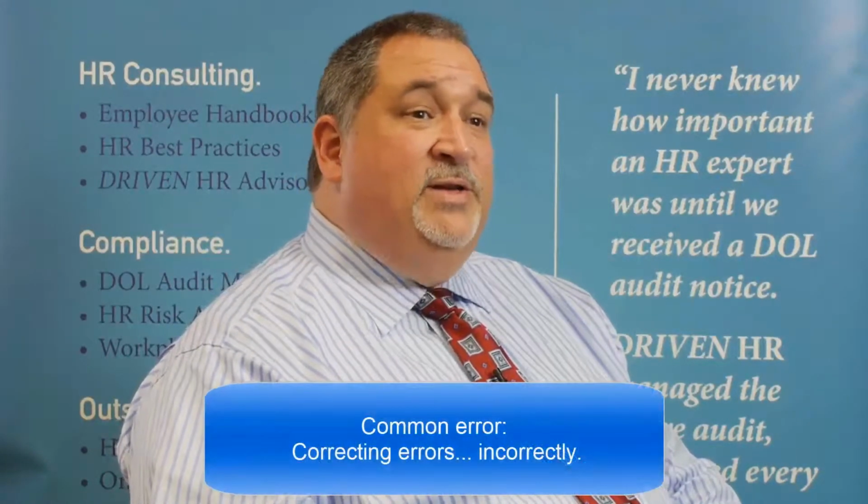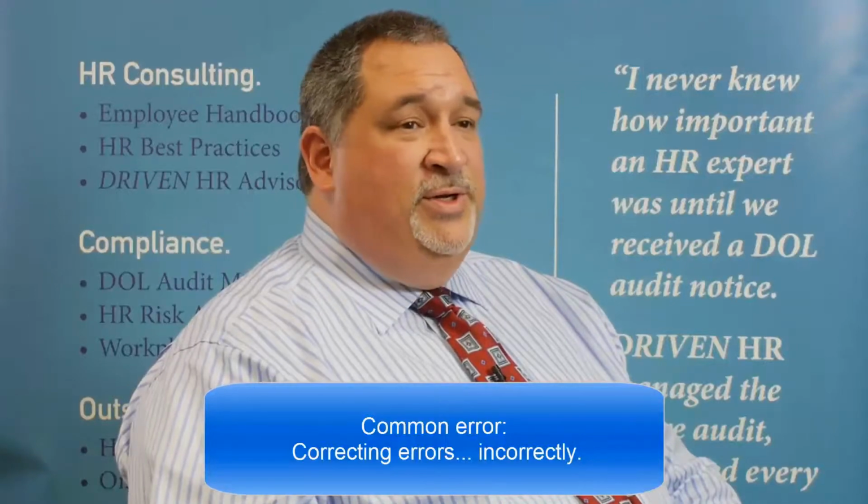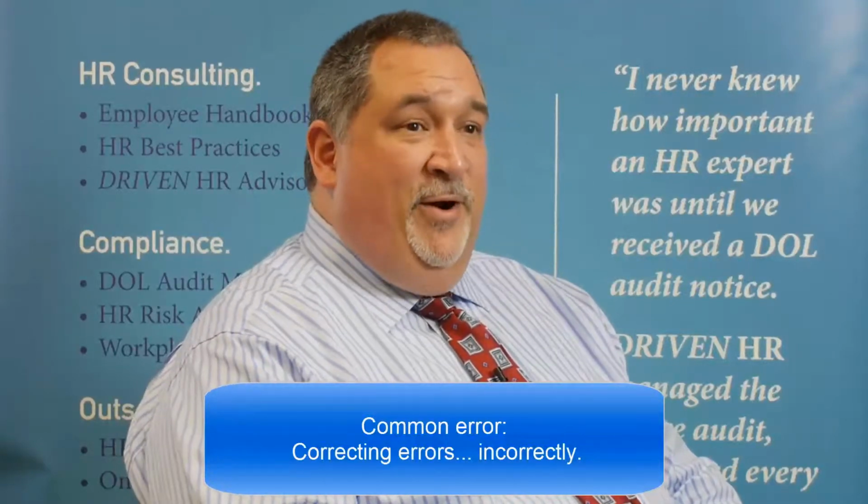It's important to remember that the errors need to be corrected in a very specific manner, or you're just correcting an error and making another error. So for example, if an I-9 has a blank spot on it, you can't just simply fill in, say, the missing date. You have to fill in the date and then initial the change and also provide an explanation for why the change was made and attach that to the I-9 form.